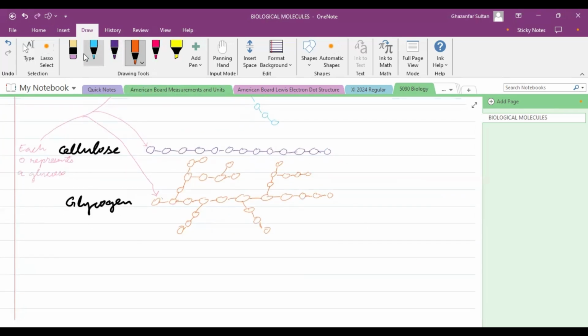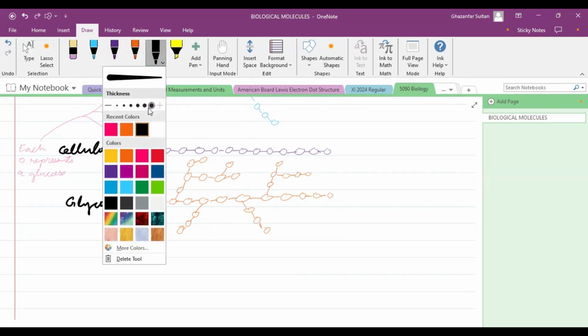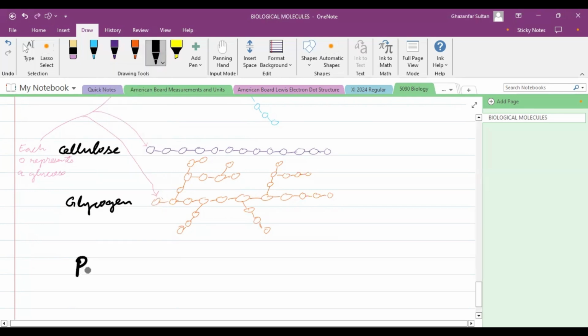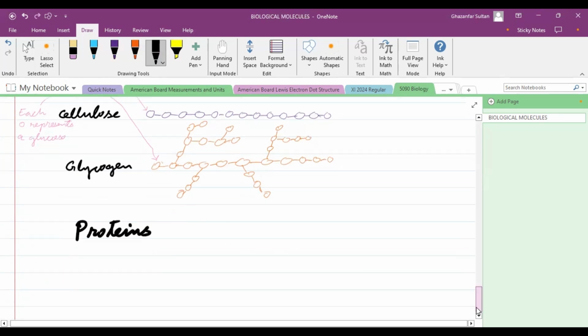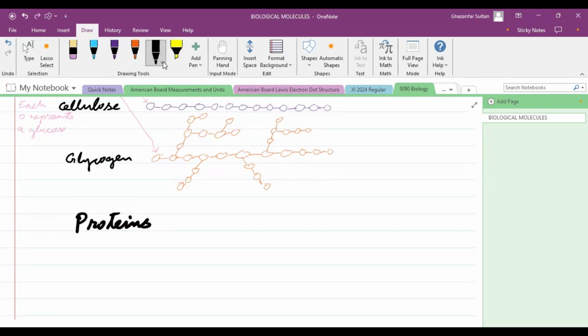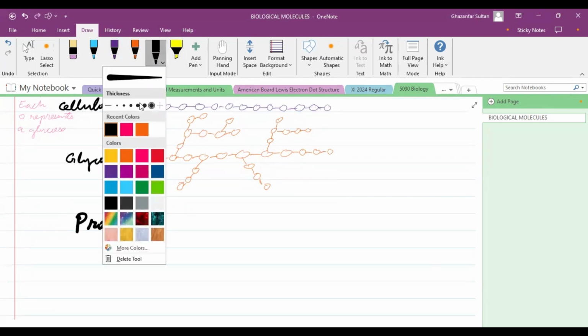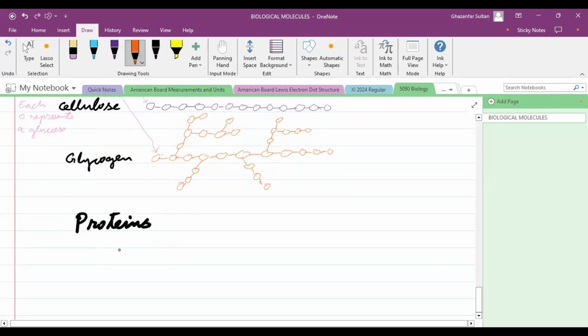And now see the diagrammatic representation of proteins. As we have already told, proteins comprise different types of amino acids, and there are 20 types of amino acids.